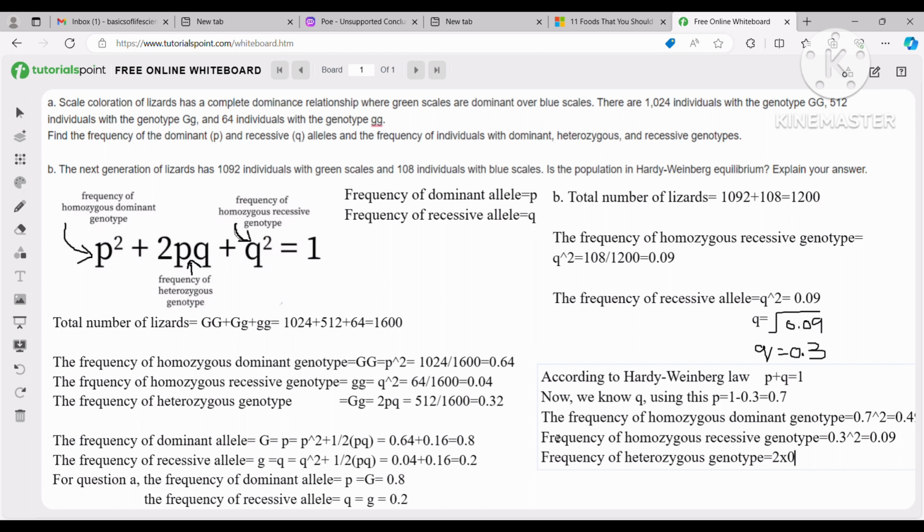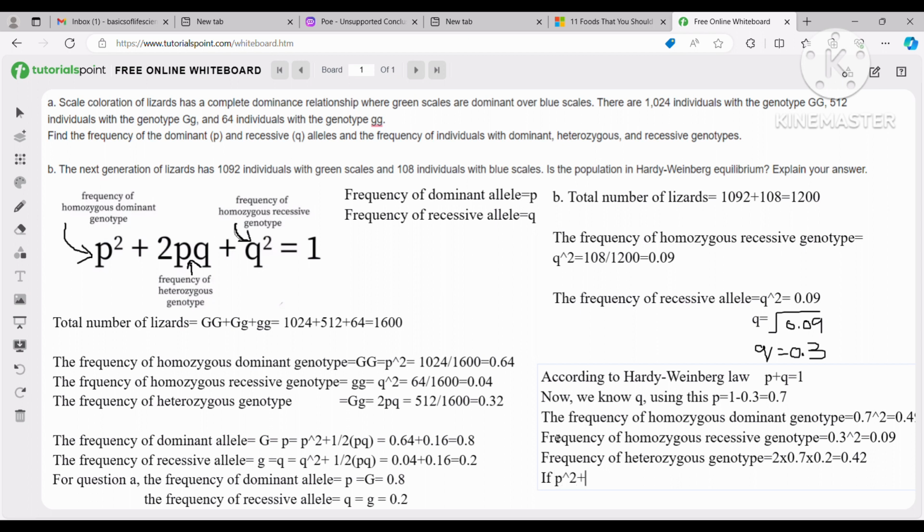See, if you take this kind of problem, both the homozygous dominant genotype and the heterozygous genotype look alike in phenotype. You cannot differentiate whether they are carrying two dominant alleles or one dominant allele and one recessive allele, because the dominant allele alone is expressed, masking the expression of the recessive allele.